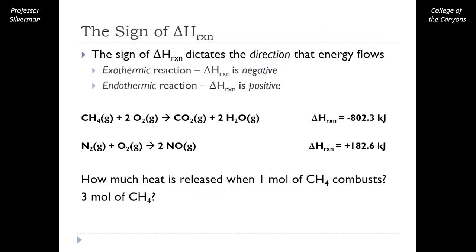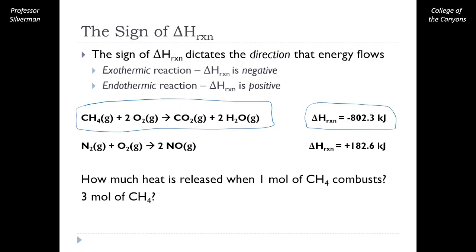Here are some examples. We have methane combusting with oxygen, and our enthalpy for this reaction is negative 802.3 kilojoules. This negative sign tells us that our reaction is exothermic, that energy is being produced during this reaction.